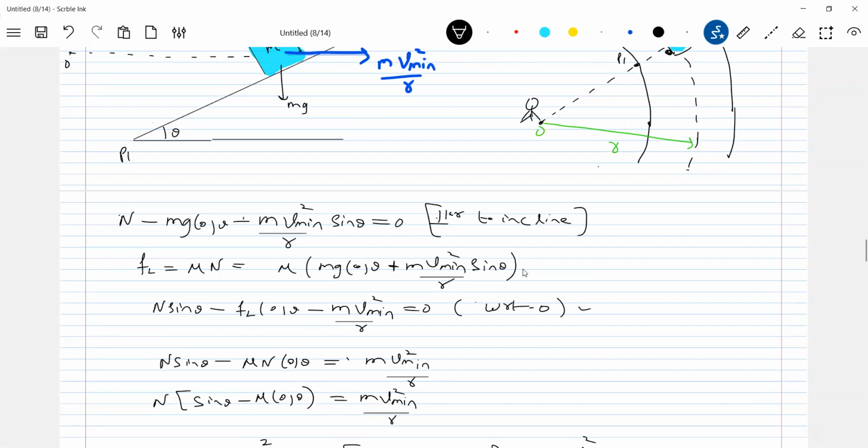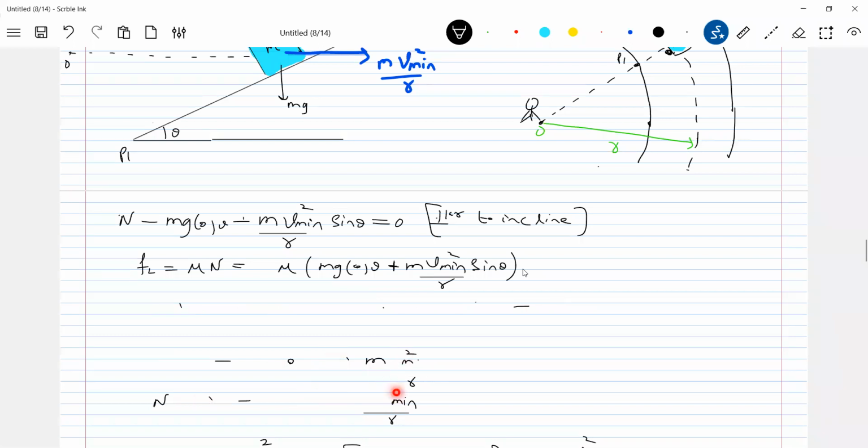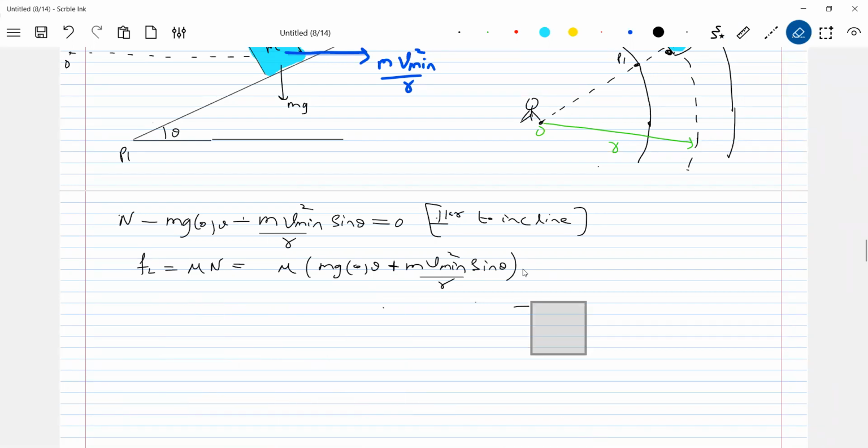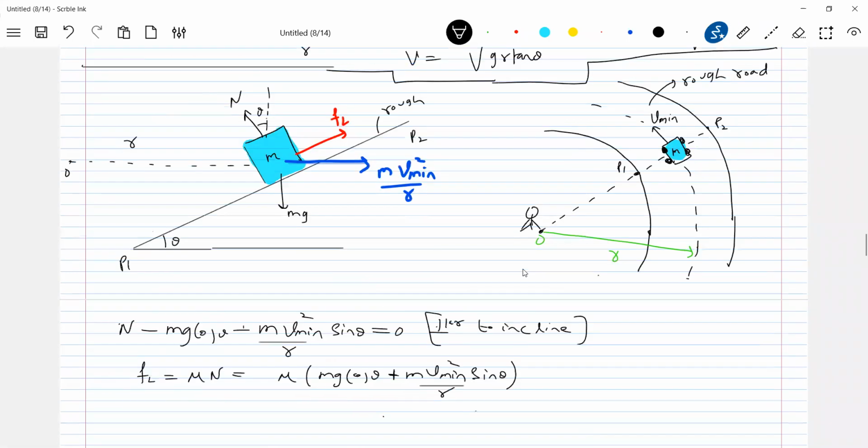I'll change this. Some of you are finding it difficult, sir. Perpendicular to incline, again you are bringing circular motion. So we'll just make it a friction idea. Okay, now come to this. This is perpendicular to incline.